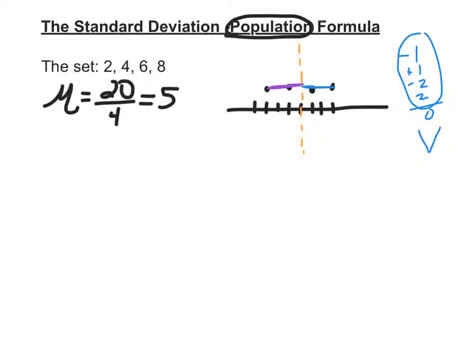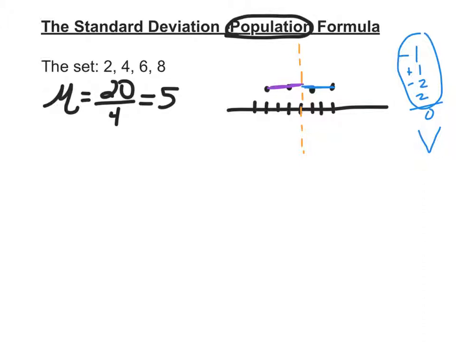So we don't like to use absolute values for this application because of this pointy problem. So instead, we square things, because when you square something, you also end up with a positive number, and that's what we're really looking for.